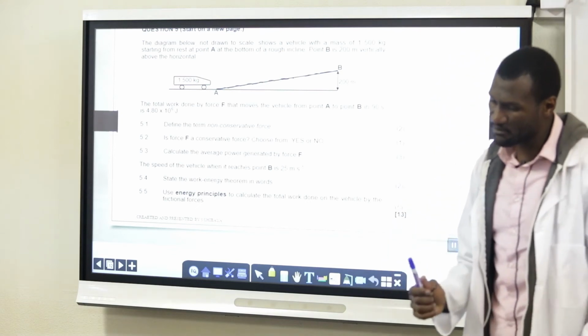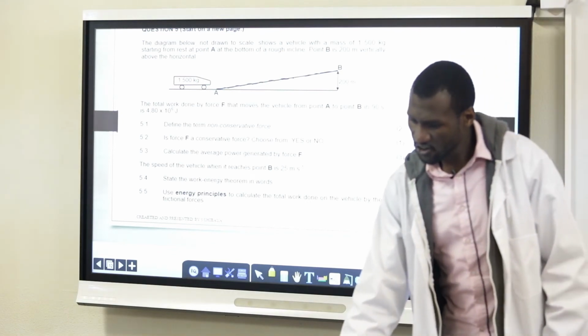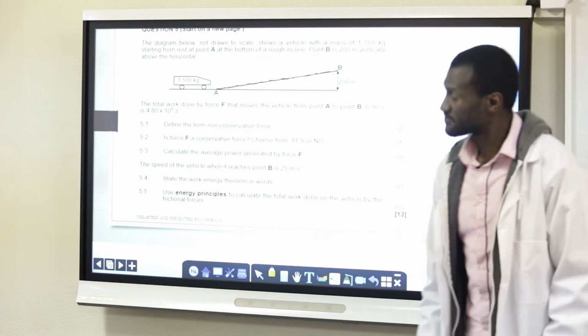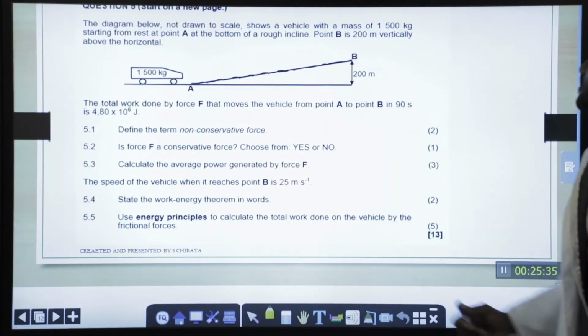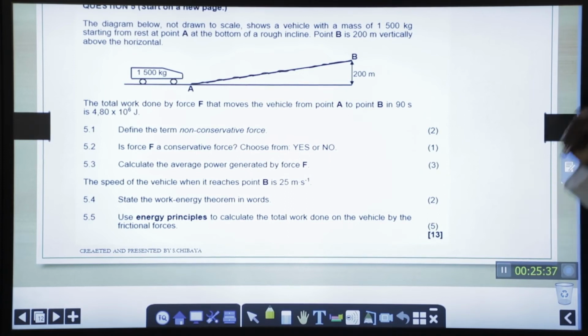It says the diagram below, not drawn to scale, shows a vehicle of mass 1,500 kilograms starting from rest at point A. If it's starting from rest, it means initial velocity is 0.